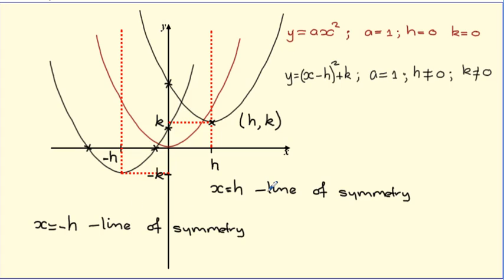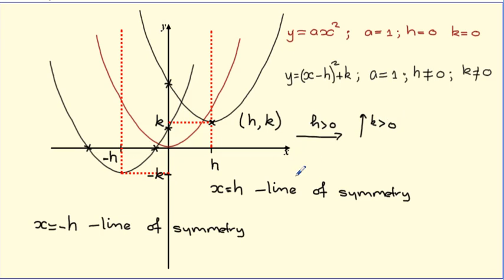We've got the following. Let's say now still h is different from 0 and k is different from 0 and a is equal to 1. So we saw the first graph, what we got is this graph shifted to the right when h is greater than 0, and shifted upwards with a value of k greater than 0.